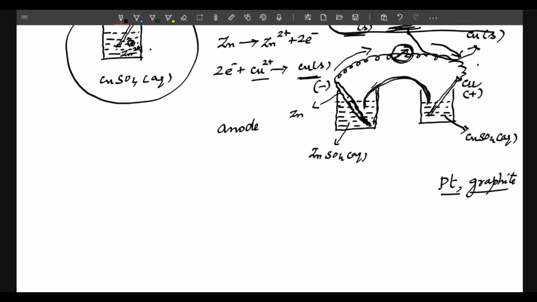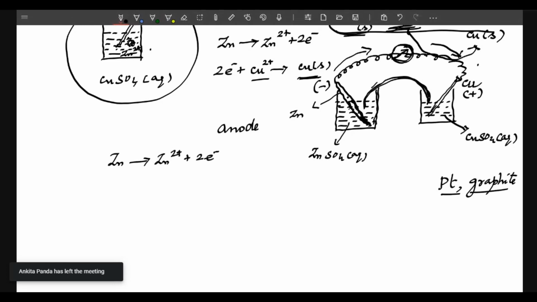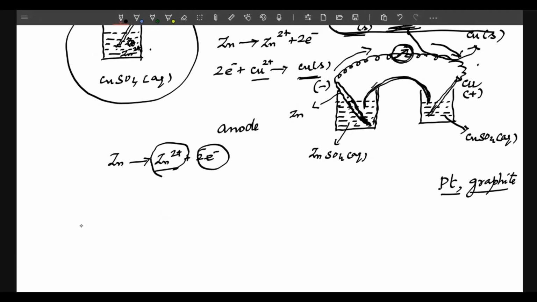Why? Because in this process, the concentration of zinc 2 plus is going on increasing, and the 2 electrons would be moved to the cathode compartment, while the zinc ion remains in the anode compartment.